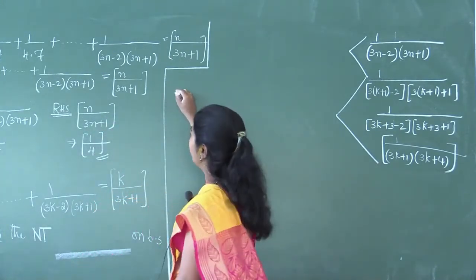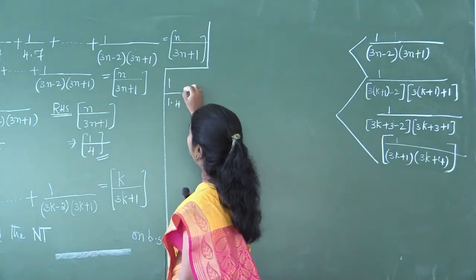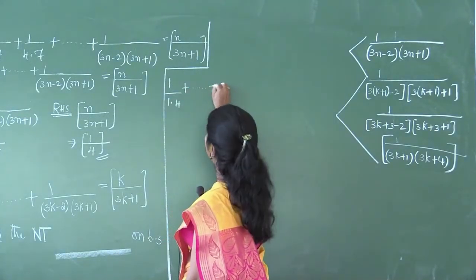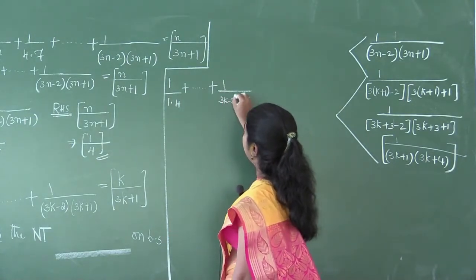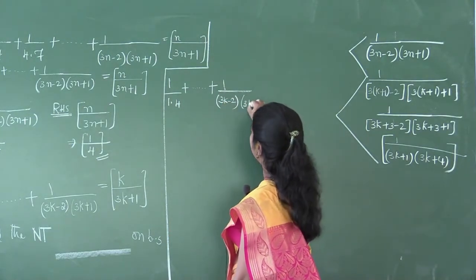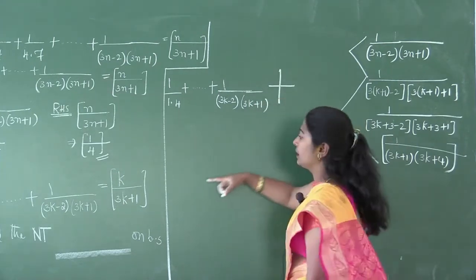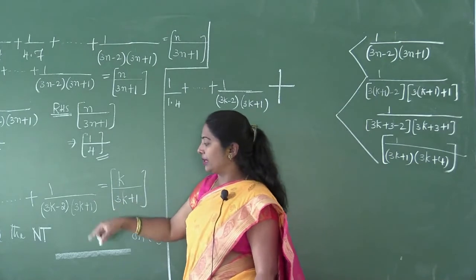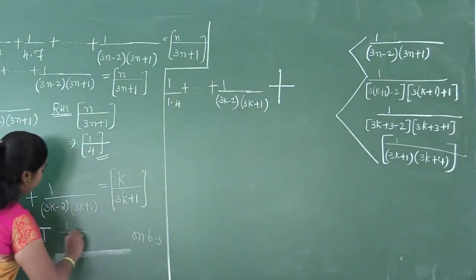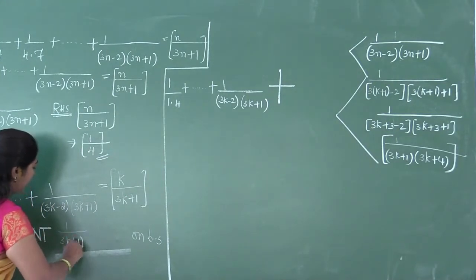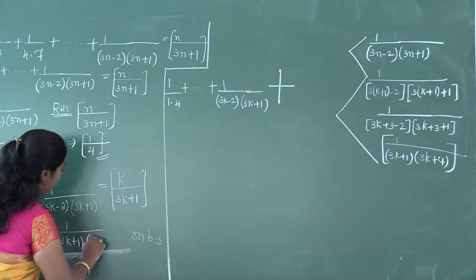What does the given problem become now? 1 divided by 1 into 4 plus etc. 1 upon 3k minus 2, 3k plus 1. I am supposed to add the next term for the LHS. This is the LHS. Which is the next term I got here? 1 divided by 3k plus 1 into 3k plus 4.